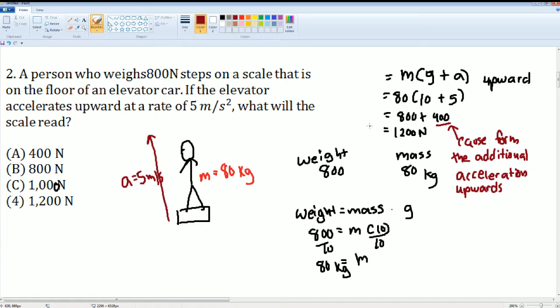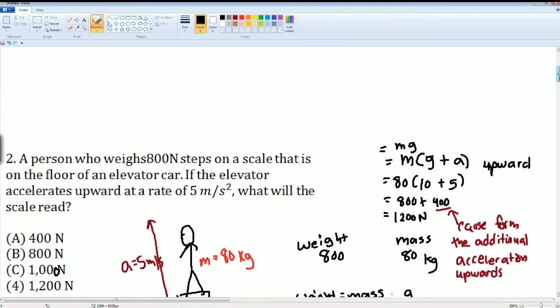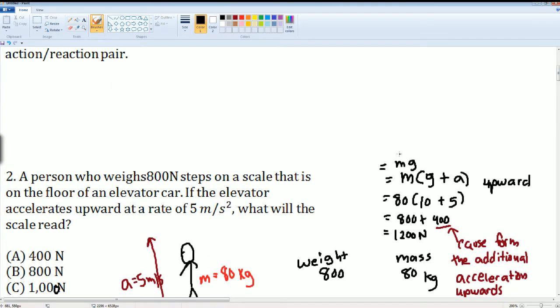It's not subtract. Subtract would be going down in the elevator. And where I'm getting this, if you want to see it before this, it would have been mg plus ma.